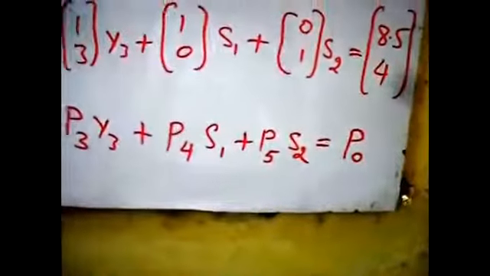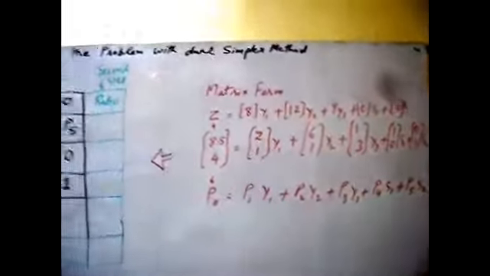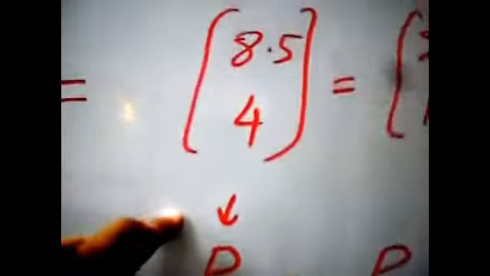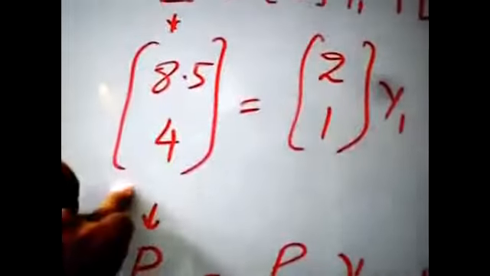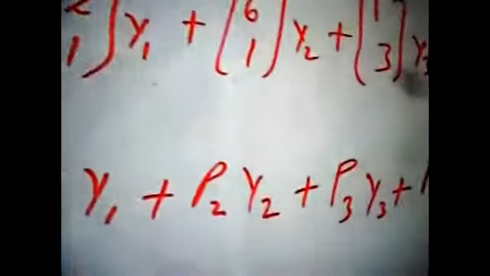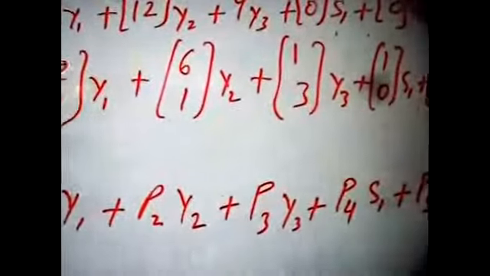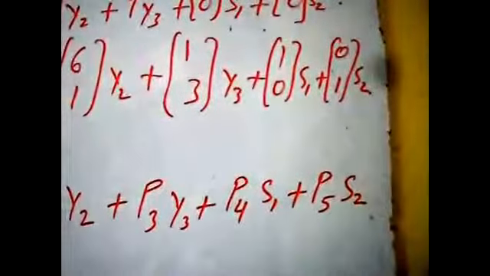Now we will make a simplex table. Dear students, we will convert this matrix form into a simplex table. Here p0 is 8.5 and 4, p1 is 2 1, p2 is 6 1, p3 is 1 3, p4 is 1 0, p5 is 0 1.